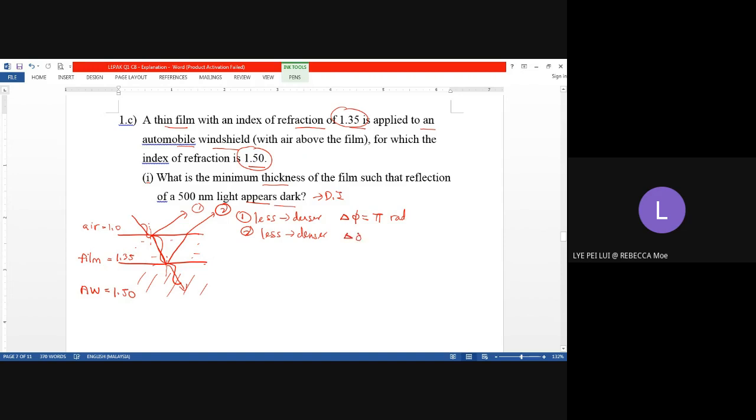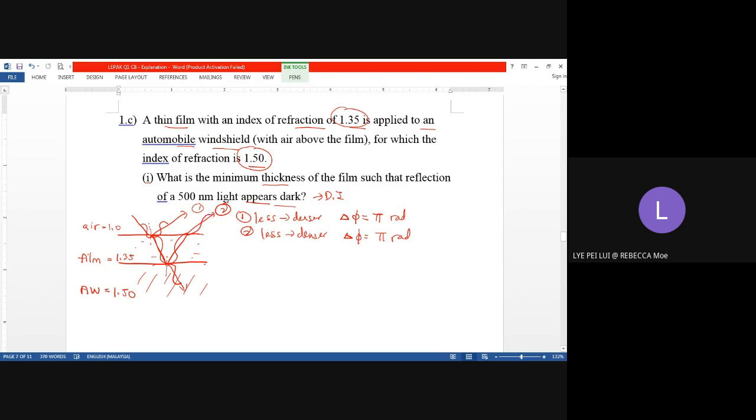We also have a phase change of pi here. So for the first one we have a pi change, and for the second one we also have a pi change, considering only the reflected rays.